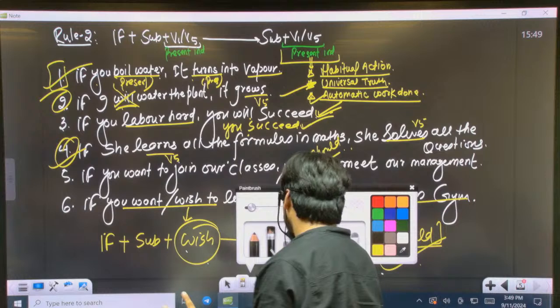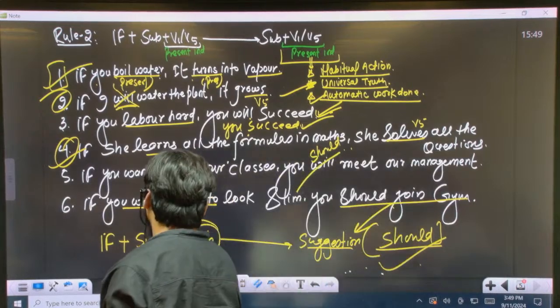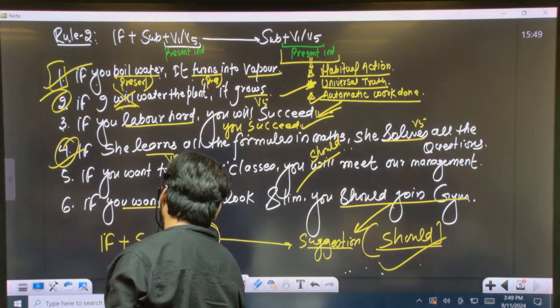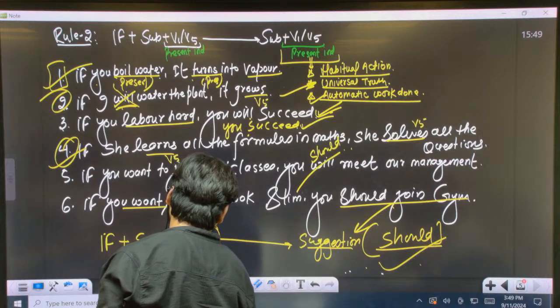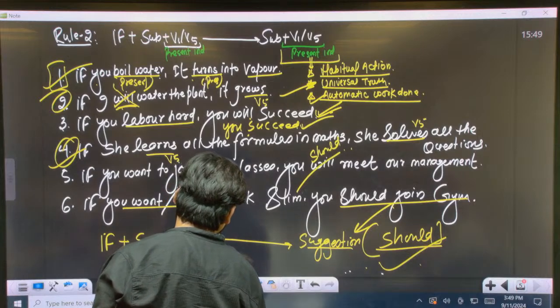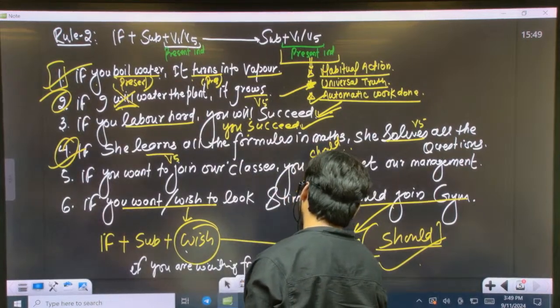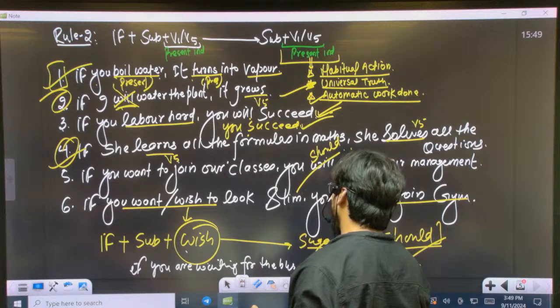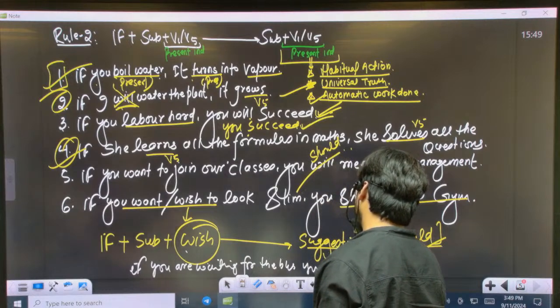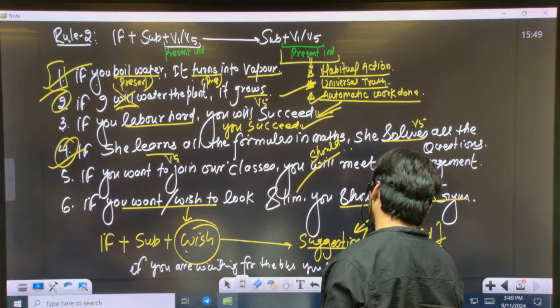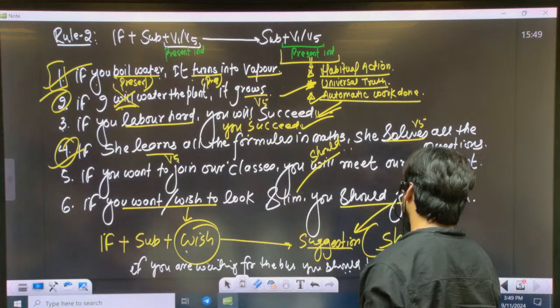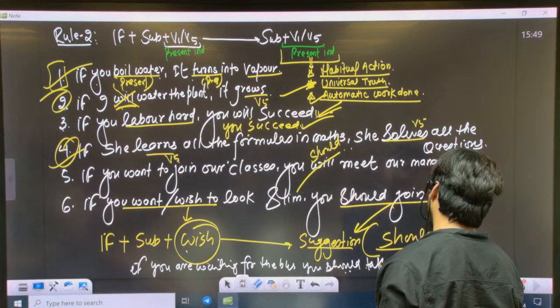Last question is, if you are waiting for the bus, you should take a taxi.